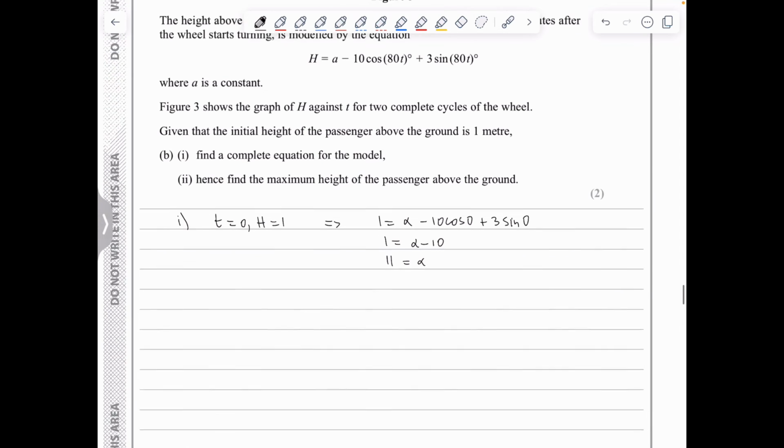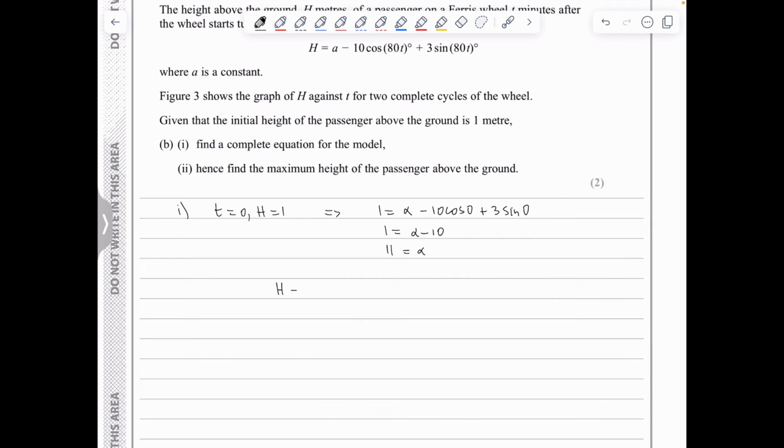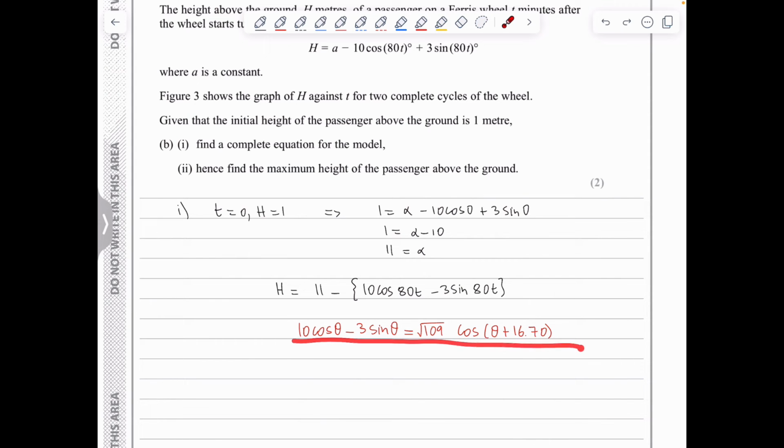So we have that H can be written as 11 minus, and I'll open brackets here, 10 cos of 80t minus 3 sin of 80t. And we do notice the similarity from part A, where we have expressed 10 cos theta minus 3 sin theta as root 109 cos(theta plus 16.70).